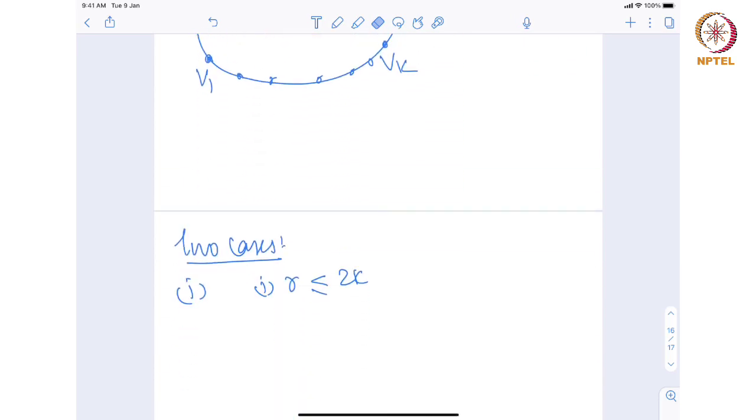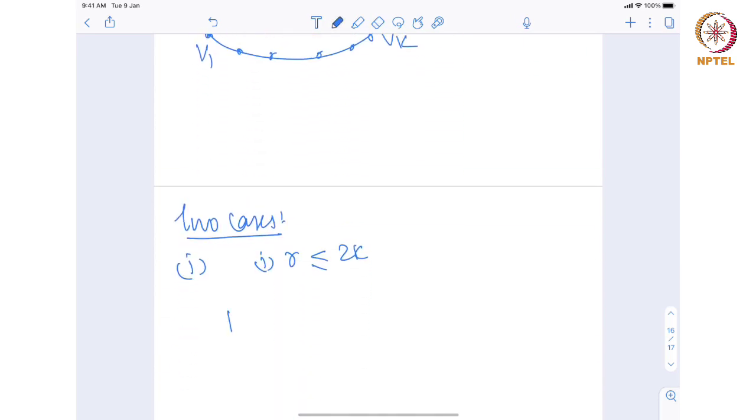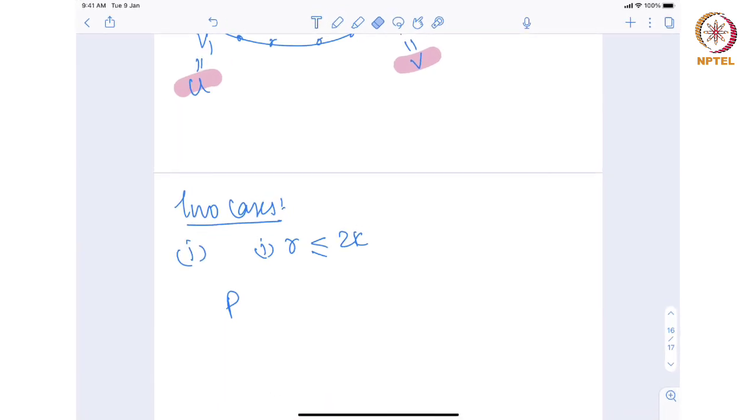Let us look at the path V1 to Vk. Let us call the first vertex U and the last vertex V. Now let us consider P_UV^k, the representative set we have computed up to length k.